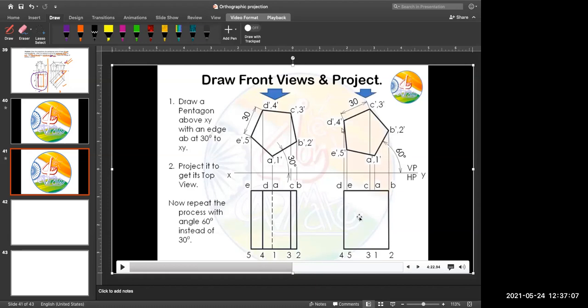Now in the top view, the outer boundary we have drawn, as you can see in this figure. Top view means the observer is looking from the top side. Now can you tell me in the top view which are the edges which will not be visible from the top side?